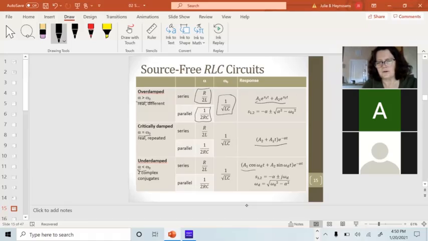Whether it's a current or a voltage, it's going to have the same form. If it's overdamped, I'm going to need S1 and S2. I can calculate them from this formula. And if it is underdamped, the additional piece of information I need is omega D, and I can calculate that using this formula. So a lot of information on the sheet.